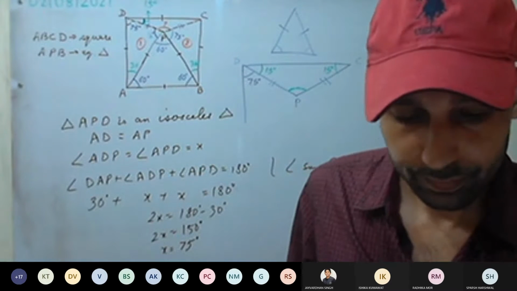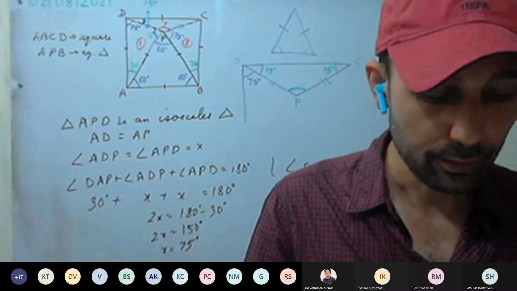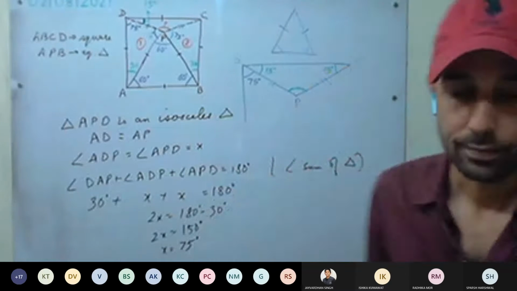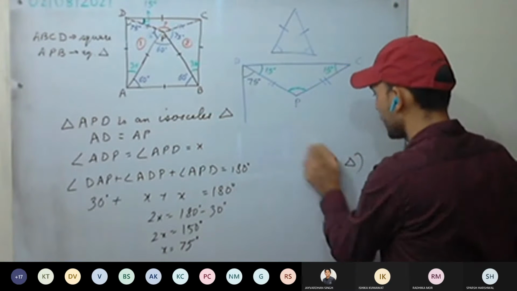Okay, try the second one now. Everyone start doing the second figure. Draw the second figure and start doing it.